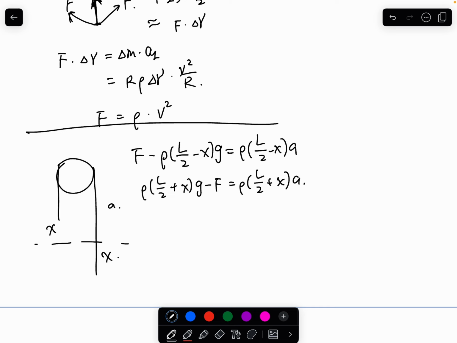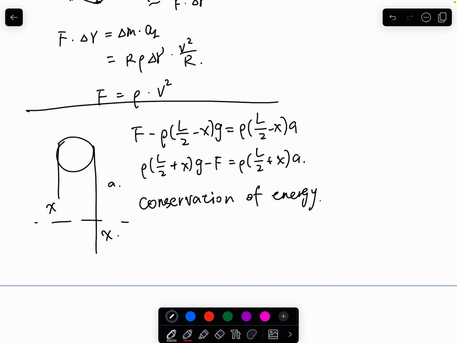Now we are going to calculate the velocity from the conservation of energy. The kinetic energy comes from the lost gravitational potential energy, right? So the mass of the whole chain is this, and we multiply it by 1/2 times v squared.